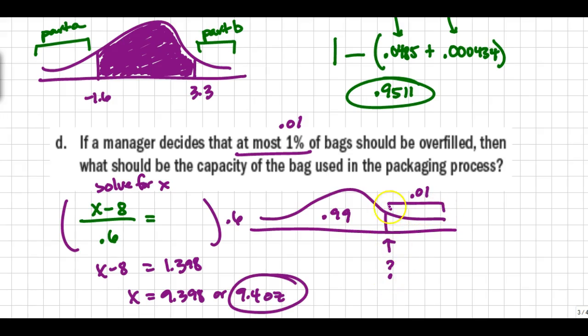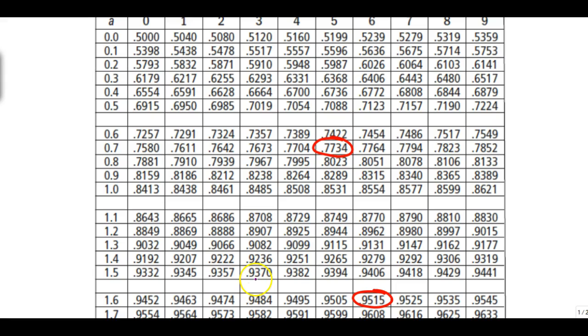So we're going to look up 0.99 because that's the complement of what we're looking for, and we're going to find what the z-score is that matches with that. So we're going to use the table in reverse this time. This time you're going to look for 0.9900 in this region here.